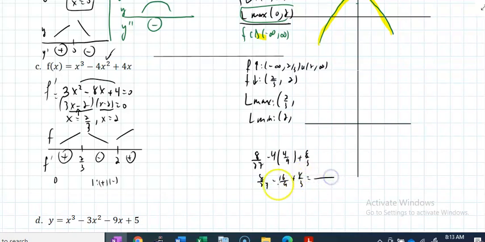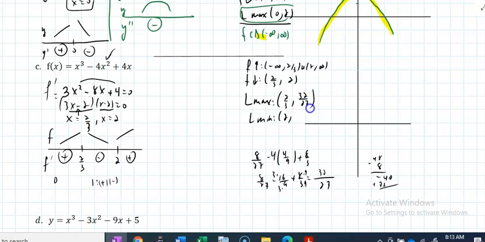Again, you all are allowed a scientific calculator, so you could check that on your calculator. So that will be 8, 3 times minus 48, that's negative 40. Negative 40 plus 72, that would be 32.